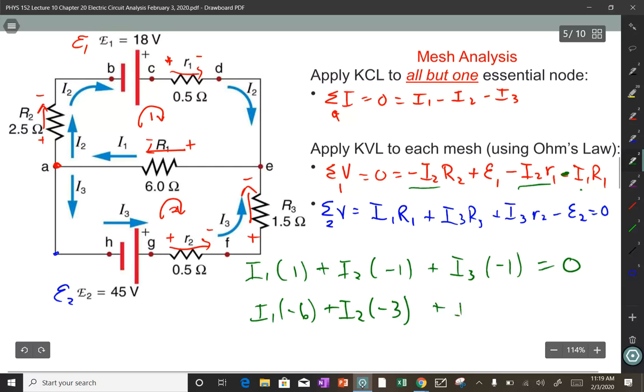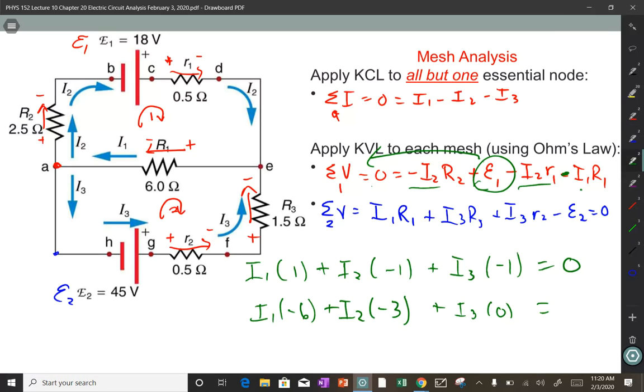So I was just going to put plus I3 times 0 equals, this was equal to 0, but I want to move this to the other side. So I have to subtract E1 from both sides. So on the other side of the equal sign, what do I have? Negative E1, or negative 18 volts. Negative 18 is what I'm going to write here. Now you do have to make sure units are consistent. If you use ohms, then you better have volts, right? If you use something else, well, make sure you're consistent.